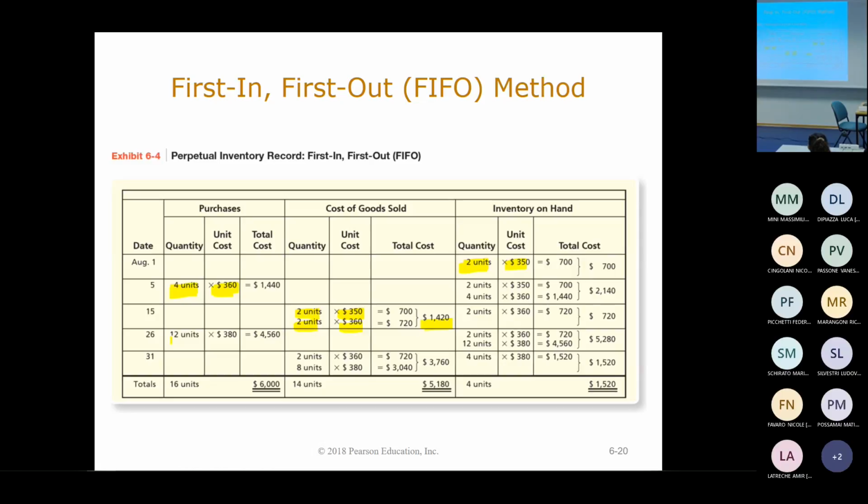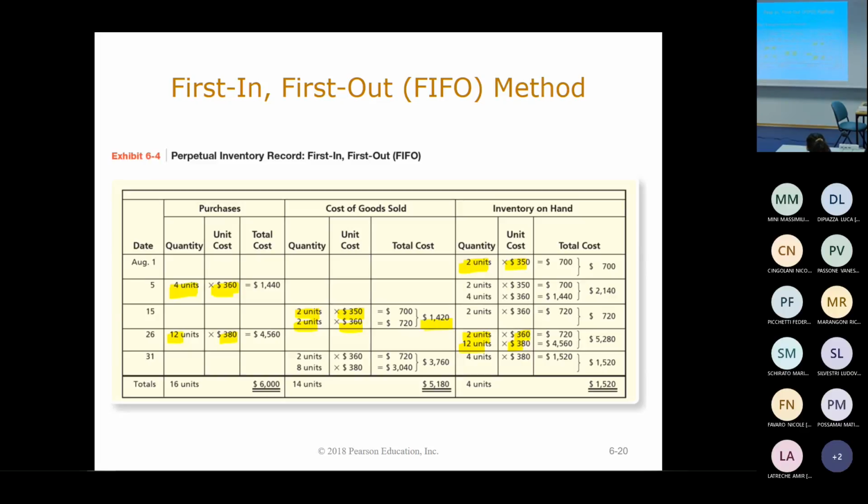Then you have another purchase, 12 units at 380. So prices are increasing. Now the number of units on hand will be 14: 2 at 360 and 12 at 380. And now we sell 10 units.